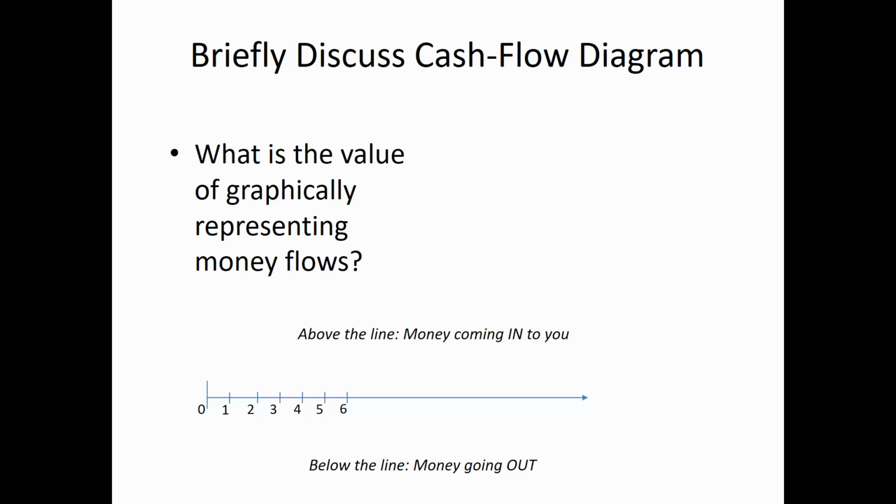So if you get money, draw a scaled line up like an arrow, and if you're paying money, draw a line down below that time axis. That's some basic information about cash flow diagrams, so give it a try. You'll also need to do a cash flow diagram again on the back side of the paper. Remember, we're just focusing on the first sheet for now, and then we'll do a little more lecture before starting on the second sheet.